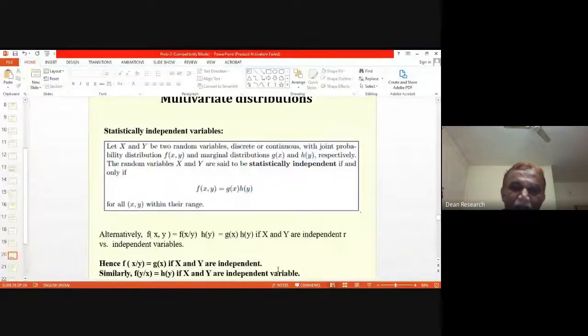Further, if you want to do some prediction of one variable, we can always use regression analysis. This is how the flow goes, and that's why I have planned this arrangement of the topics. Now, coming to this, f of x comma y is equal to g of x and h of y, right?